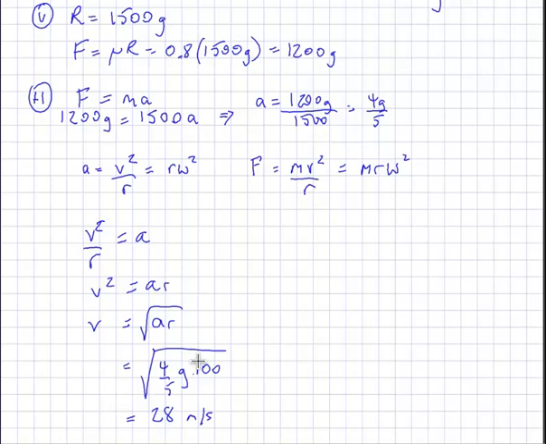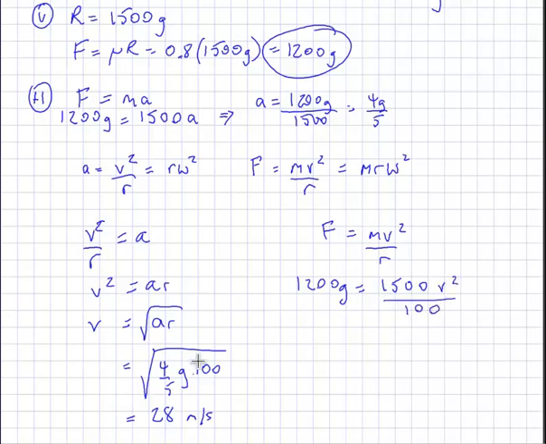Alternatively, if we hadn't worked out the acceleration, and we just had our centripetal force, we can use F equals mv squared over r. Fill in what we know: 1200 g, the mass is 1500, the velocity we don't know, the radius is 100.